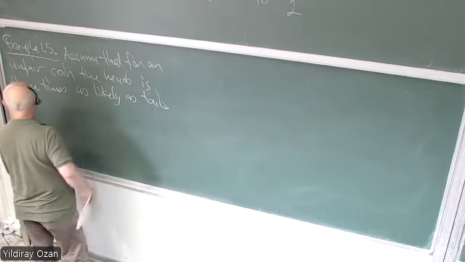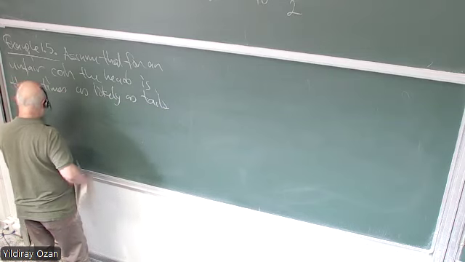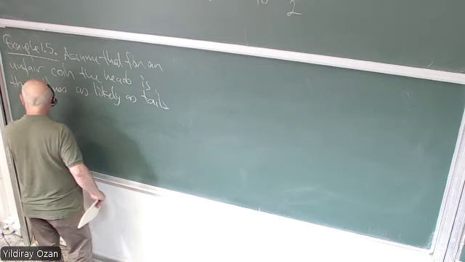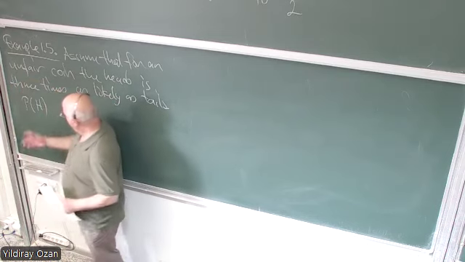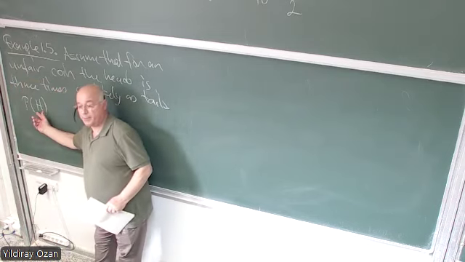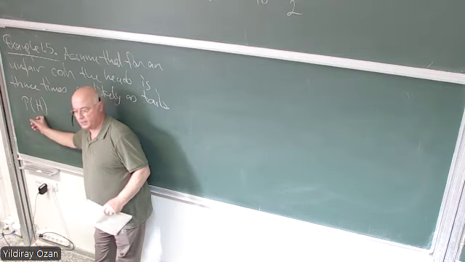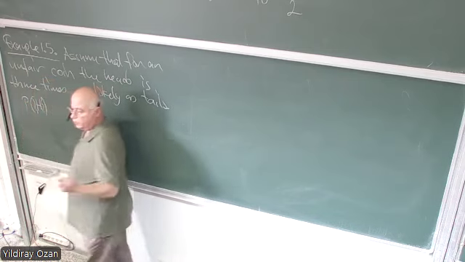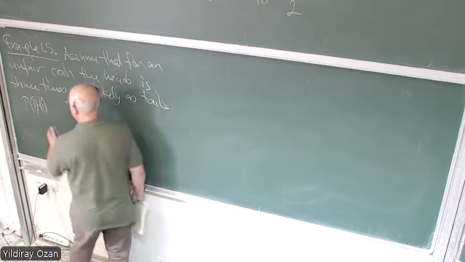In this case, of course, what is the probability of heads? For simplicity, I will just write P of H. But actually we put here a subset, and H is not a subset. I should write it differently, but that's not practical.